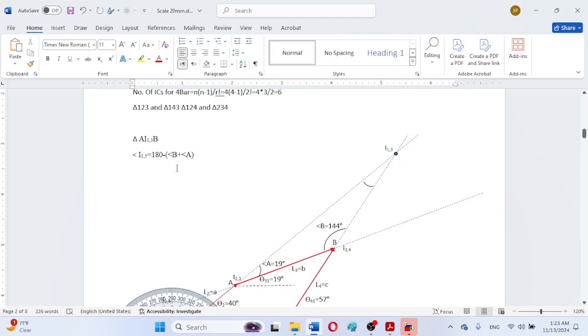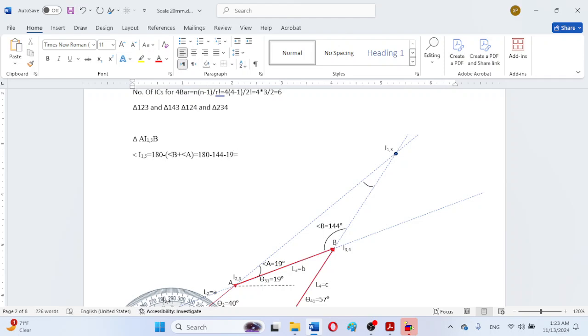As we can observe, that will be equal to 180 minus the angle at B, which is 144, and the angle at A, which is 19 degrees approximately.